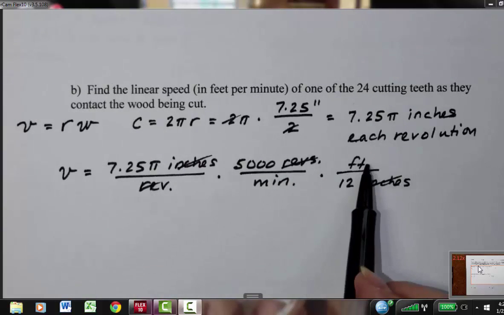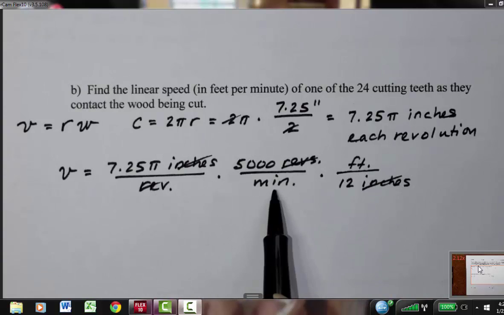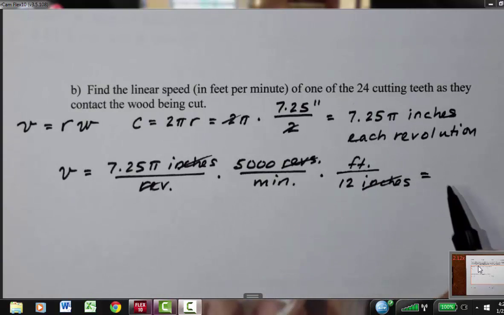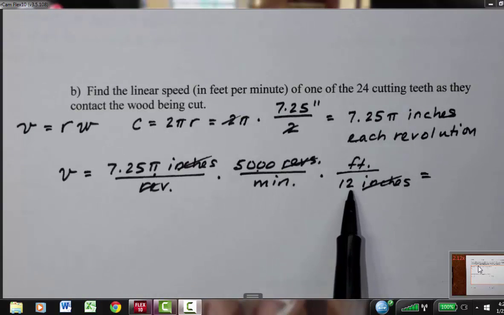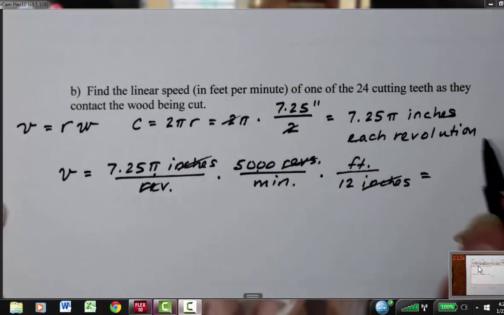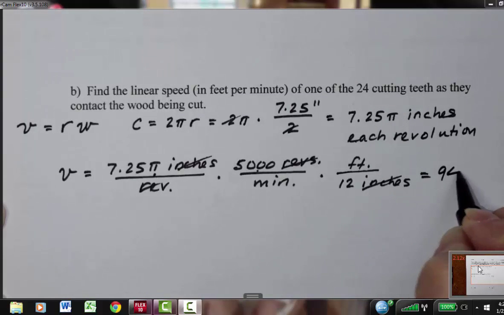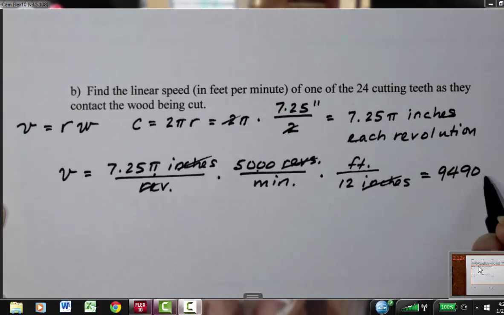I'm going to have units of feet per minute, which is exactly what I was looking for. So then you just need to multiply 7.25 pi times 5,000 and divide it by 12. When you do that, you end up with 9,490.23 feet per minute.